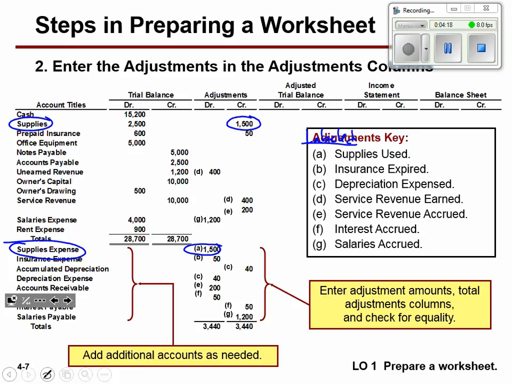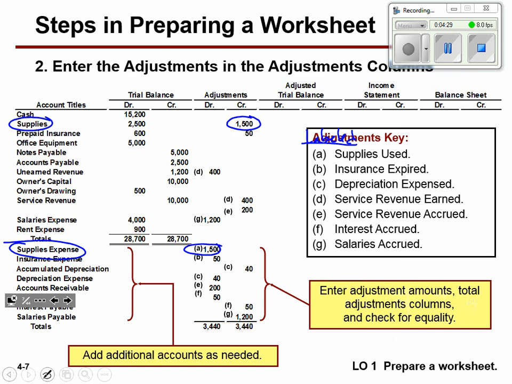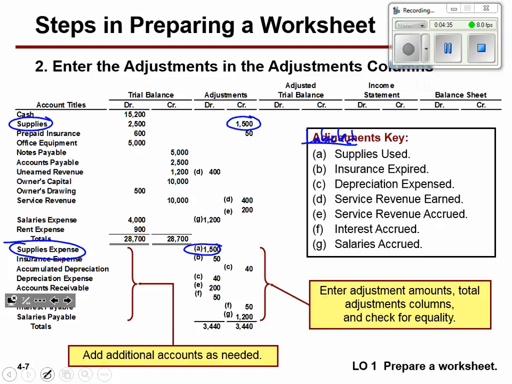So again, supplies was the first adjusting entry, but instead of putting a 1 there, we'd put an A there as we bring it in here. Instead of the second one being insurance expense as number 2, no, we'd list that as B, C, D. They're labeled alphabetically. I could assume they're labeled alphabetically because if you labeled them numerically, it might throw you off with your numbers. Okay. Now notice though, we've got a total here and we've got a total here. So you're always totaling the columns.